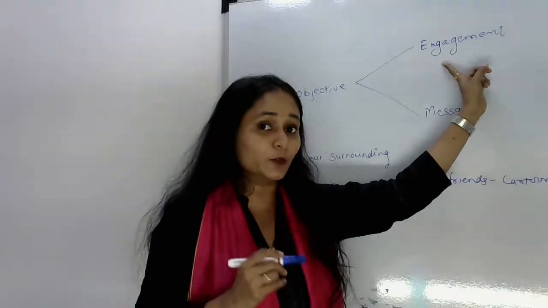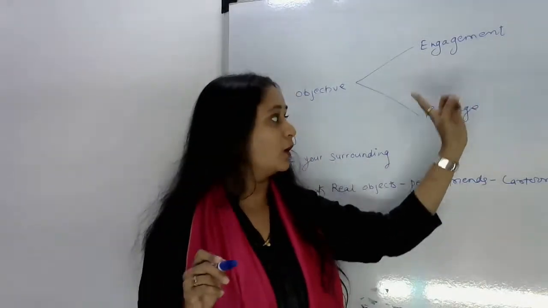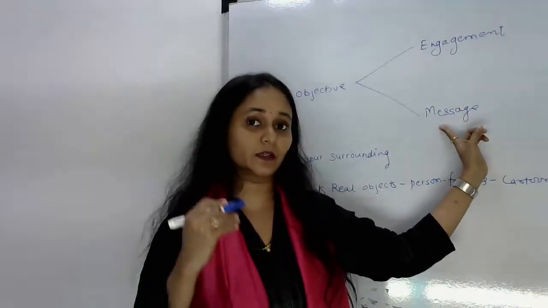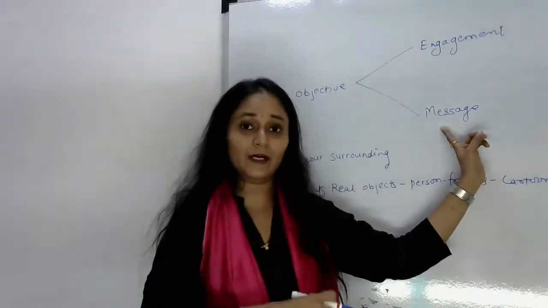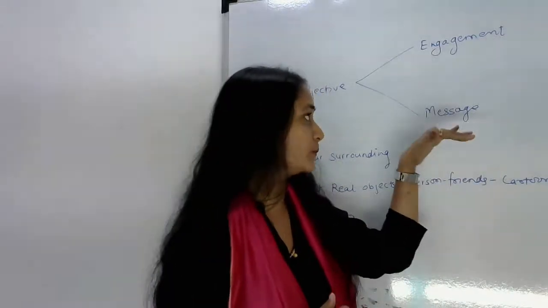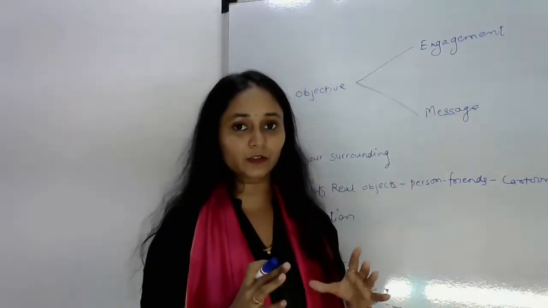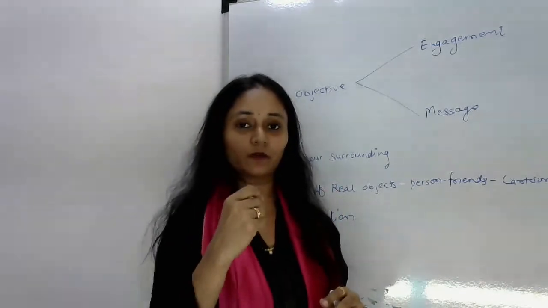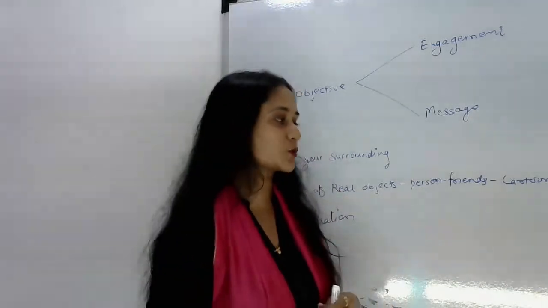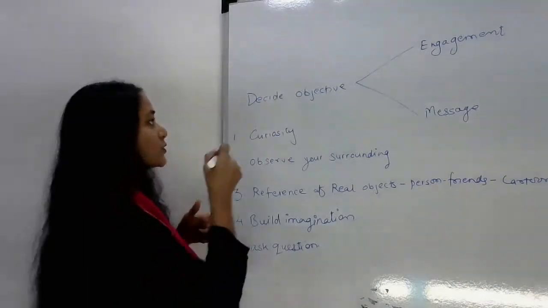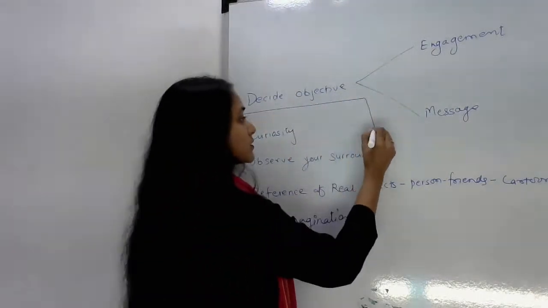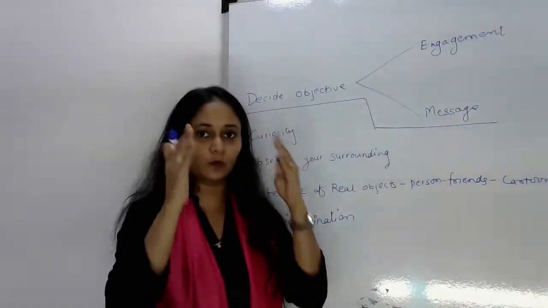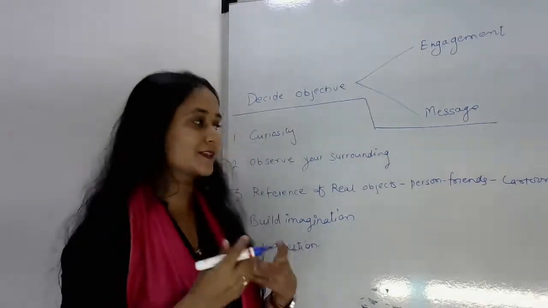Or your objective is giving them a message. If your child is above 10 or 12 years old, you can set this objective to give a message through your story. This is not actually a step, this is just before the step. You have to be clear as a parent, as a storyteller.